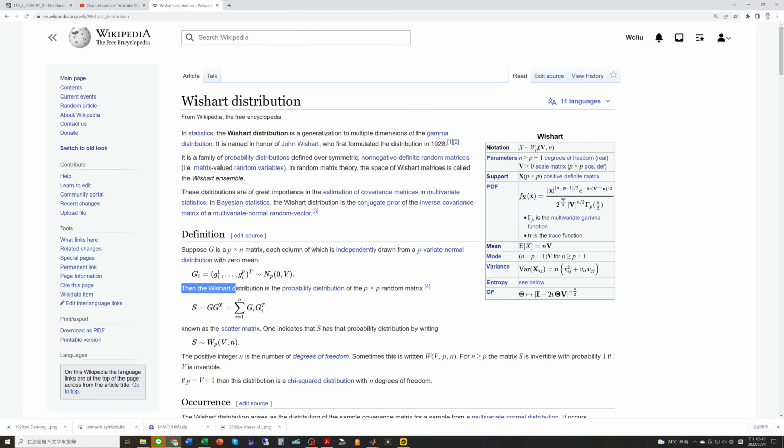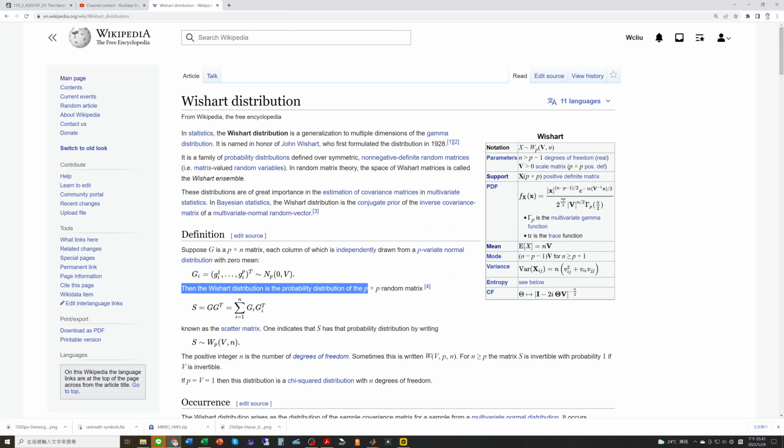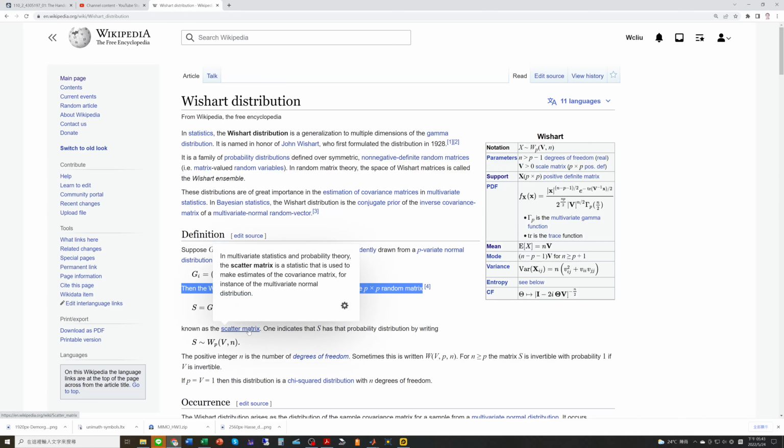Then the Wishart distribution is the probability distribution of the p by p random matrix S = G G transpose = summation i is equal to 1 to n of G_i G_i transpose, known as the scatter matrix.